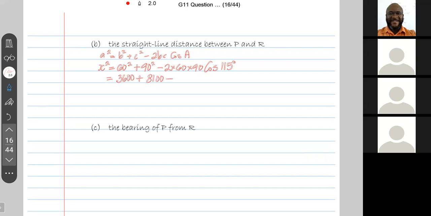Minus 2 times 60 times 90, this is 10,800. The cosine of 115 degrees.